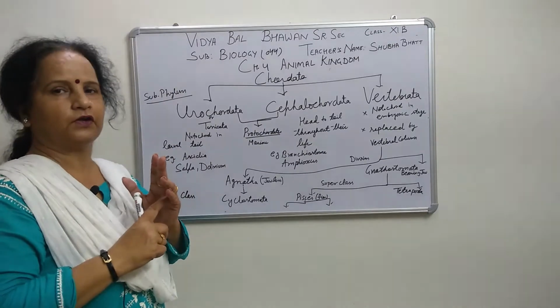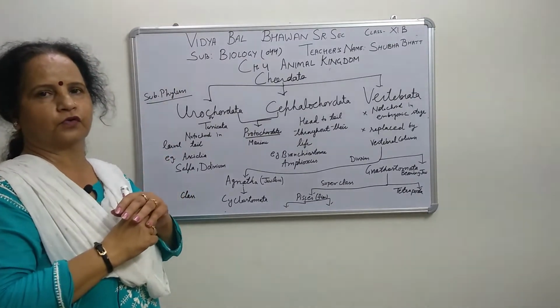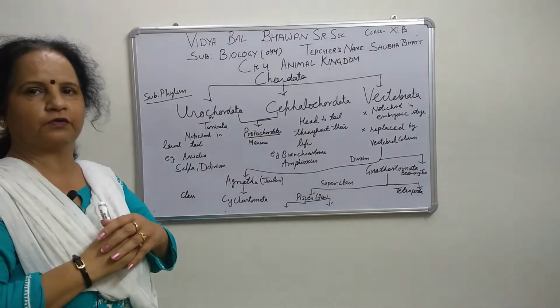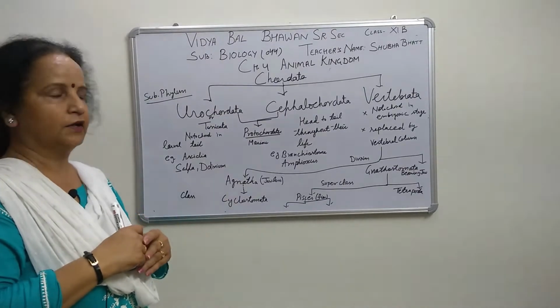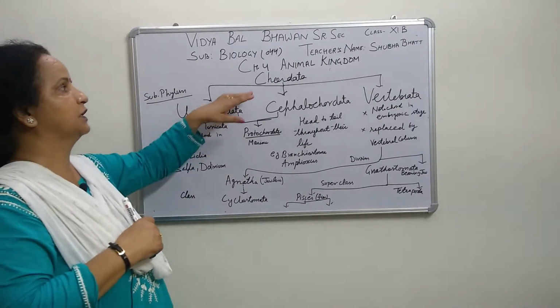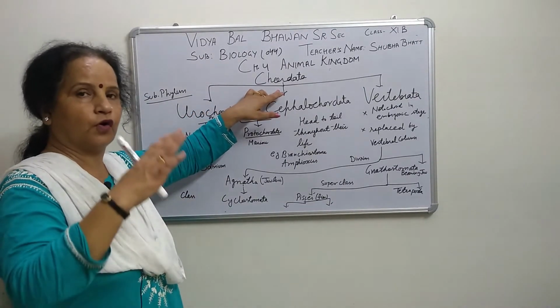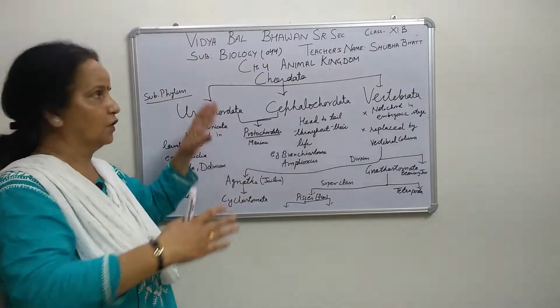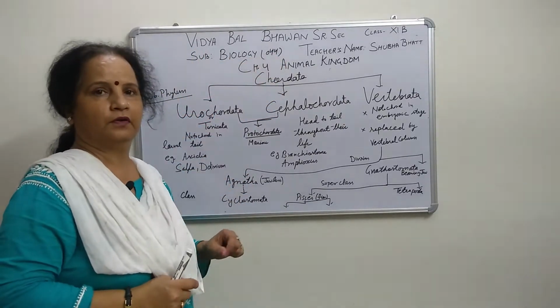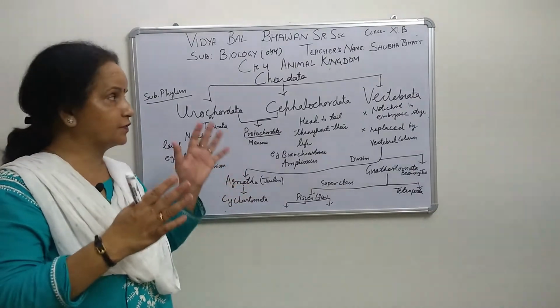These characteristics are given in your 9th class book and 11th class book also, right? Now we will further divide these chordates, because all having these characteristics come under this group, but we have some differences between them.